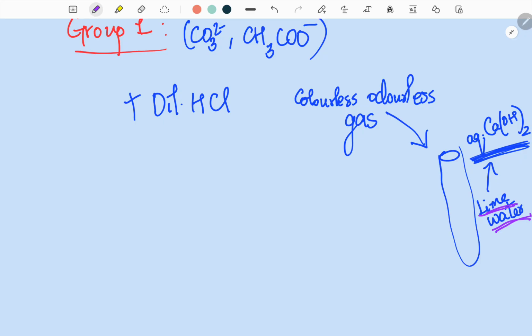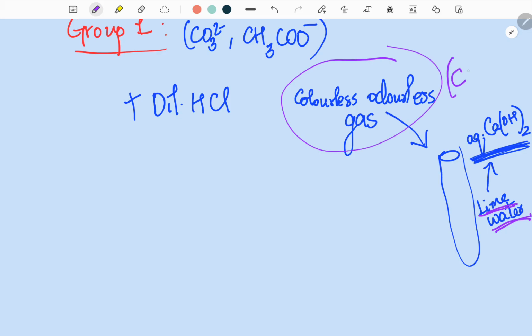But ideally doing this test is difficult, because if you are using a test tube to do this, then it will easily react with carbon dioxide in the air, and you will immediately see that the lime water will turn milky because it will form calcium carbonate. Now, what is this colorless odorless gas?